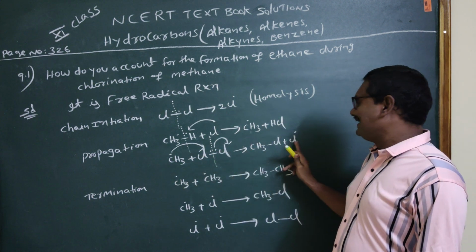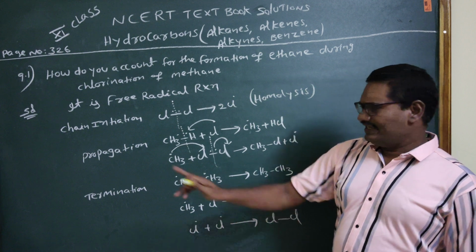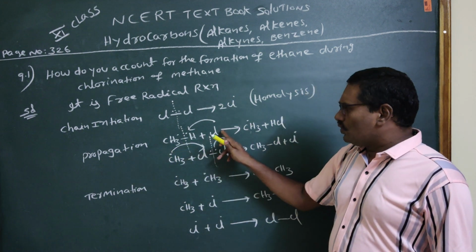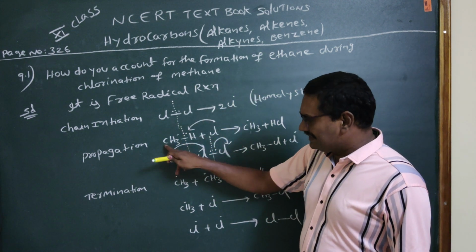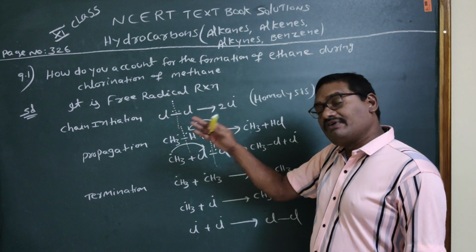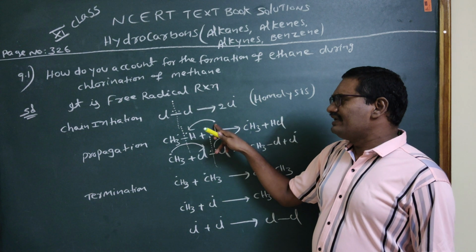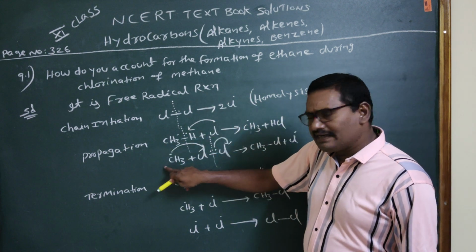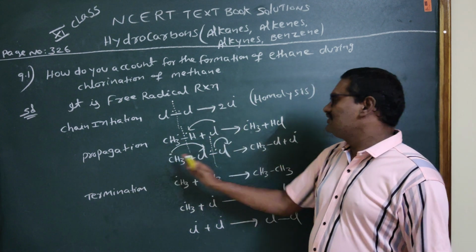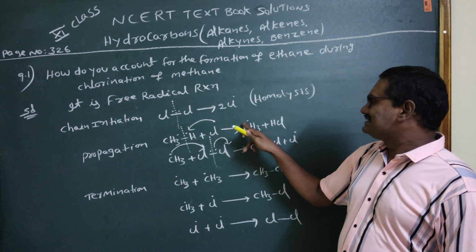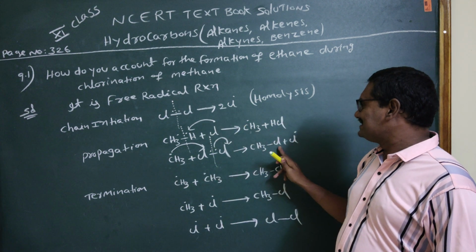Totally, in propagation, the chlorine free radical reacts with methane, and the methyl radical reacts with the Cl2 molecule, giving CH3Cl and a Cl free radical. That is all propagation.